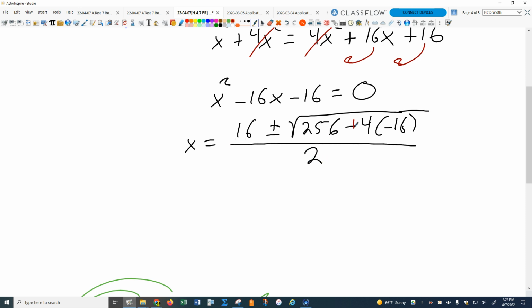Well, negative times negative is positive. So I'm going to get 64 plus 256, which is 320. Yeah, right, 320, square root of 320.